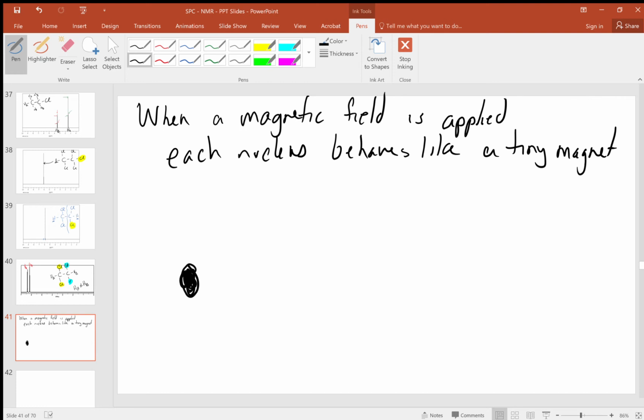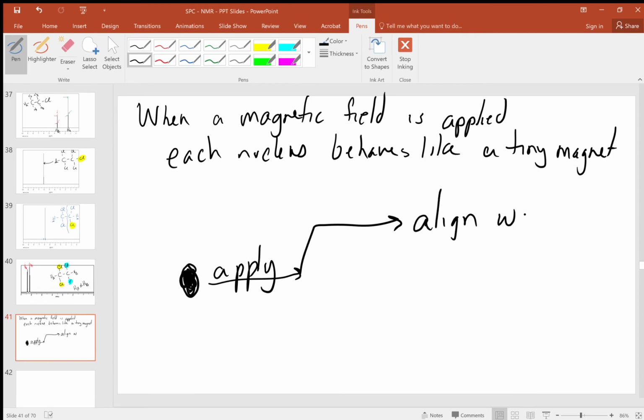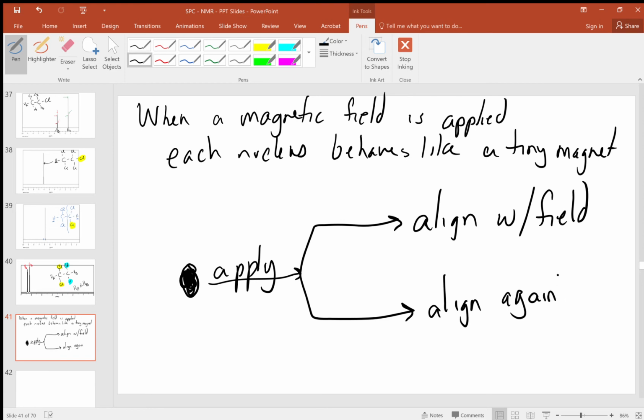We start out with them sort of aligning in any direction in terms of their magnetism. But once we apply the magnetic field, they have 2 choices. They can align with the field, and they can align against the field. And these are the only 2 options.